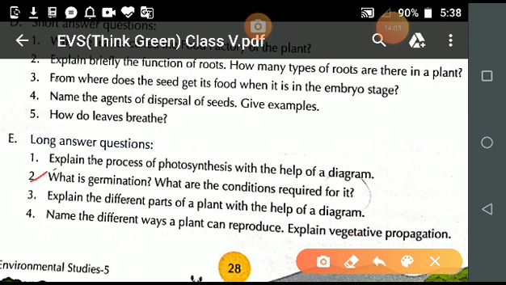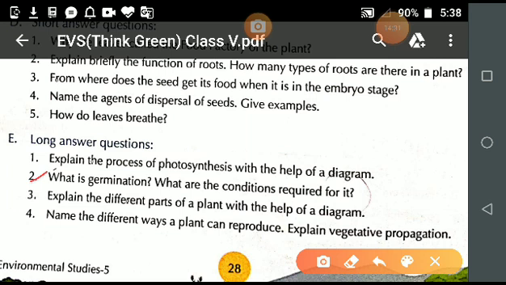I repeat the answer. The process by which a seed grows into a baby plant is called germination.